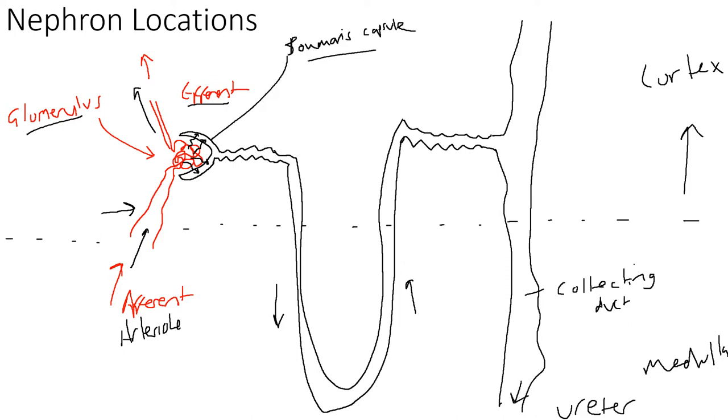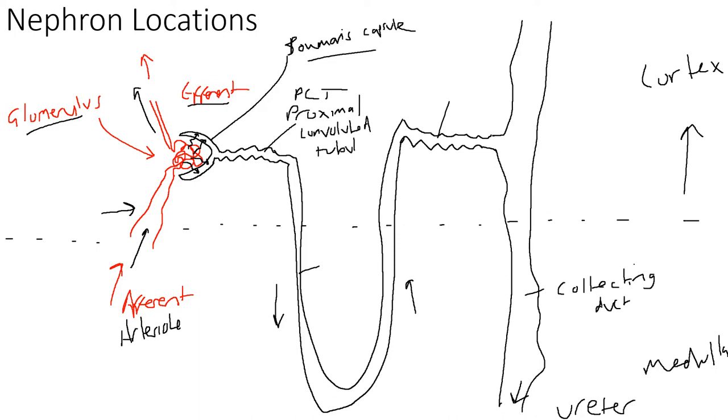Okay. The only things I haven't given names to are the 3 sections of tube. I just call them tubey things. Here, 1, 2, and 3. This tube here is called the PCT, the proximal convoluted tubule.